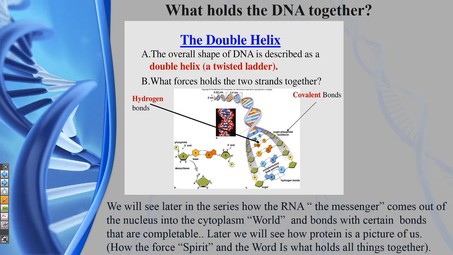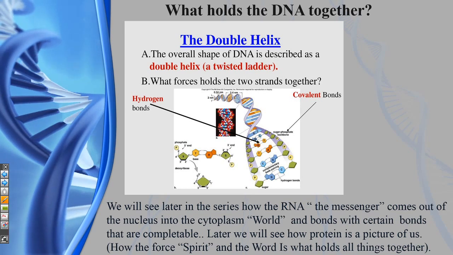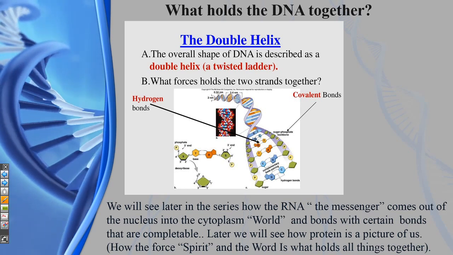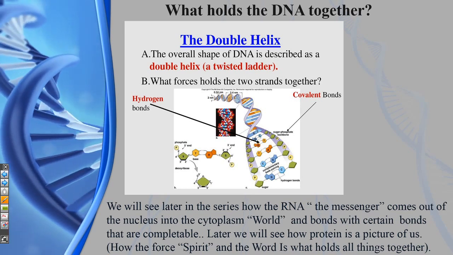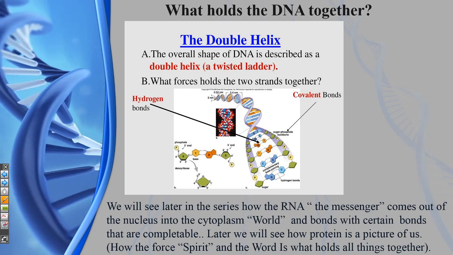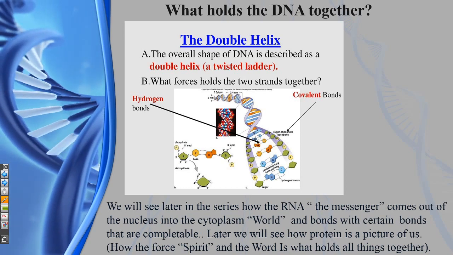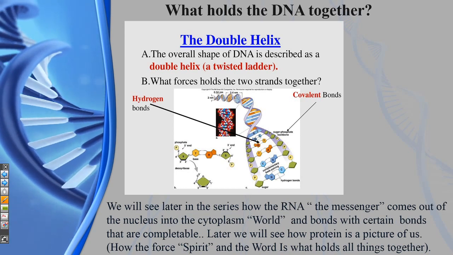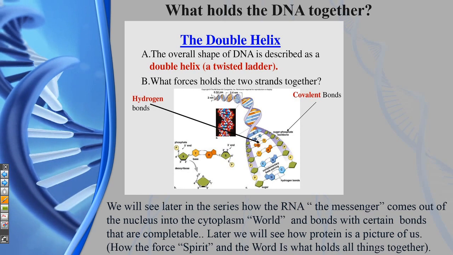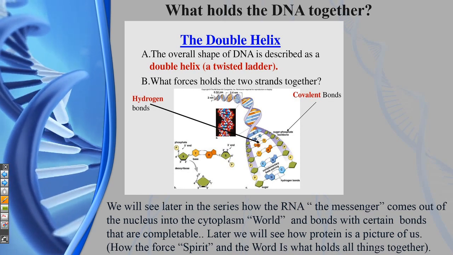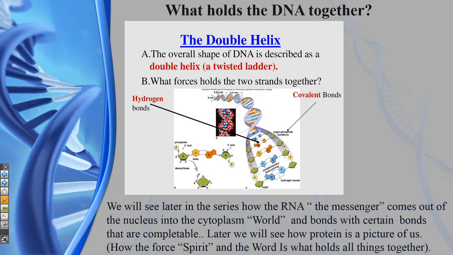All right, so we'll see later in the series how RNA, the messenger, comes out of the nucleus into the cytoplasm, the world, and bonds, certain bonds that are compatible. Later, we will see how protein is a picture of us, how the force, or the Spirit and the Word, is what holds all things together.